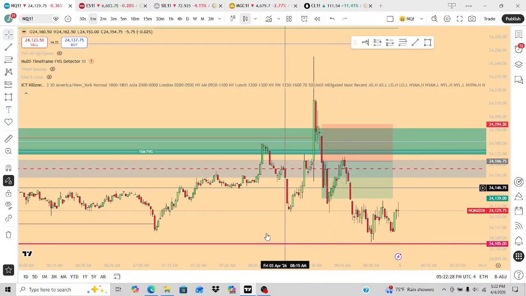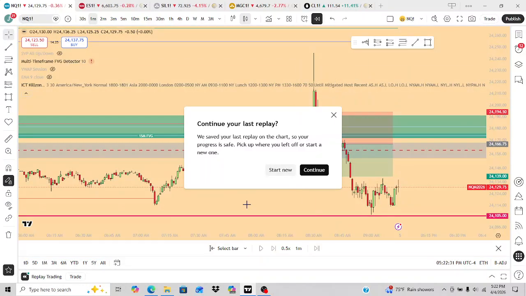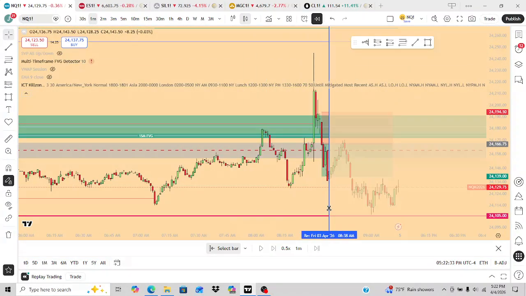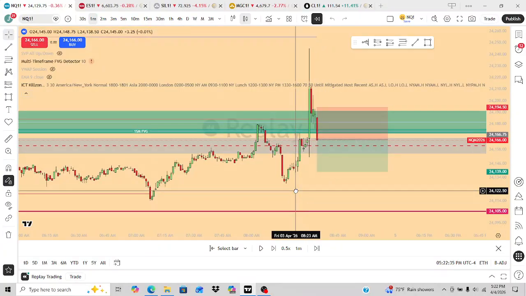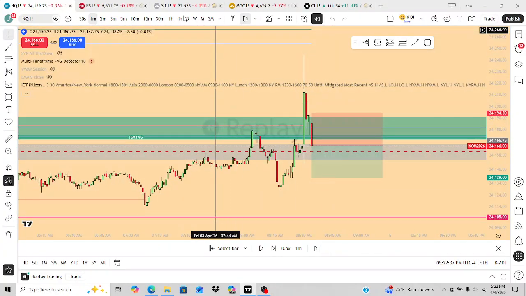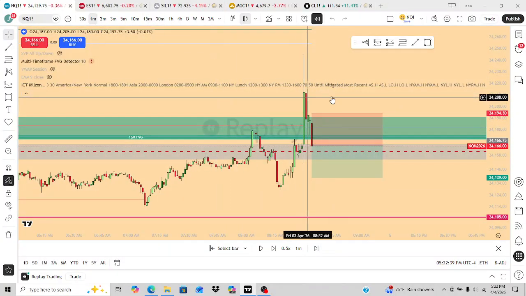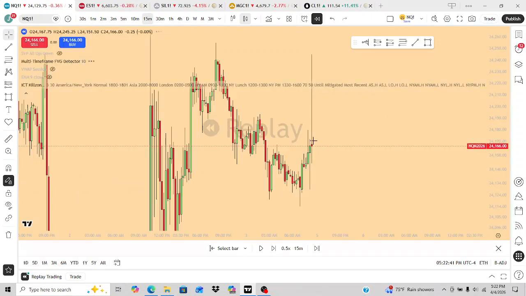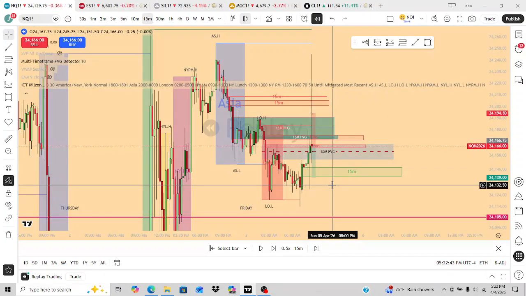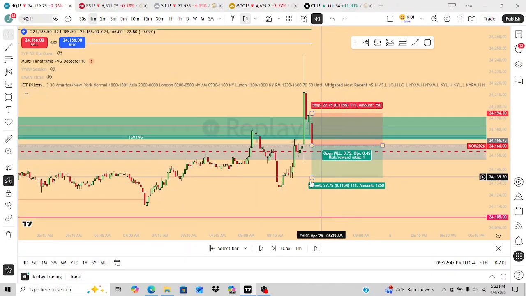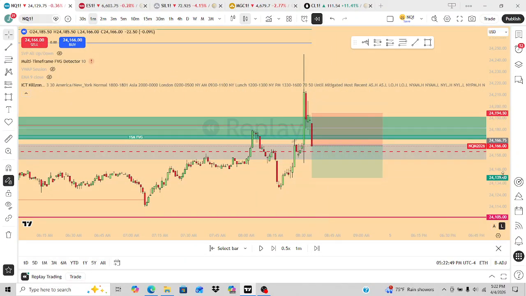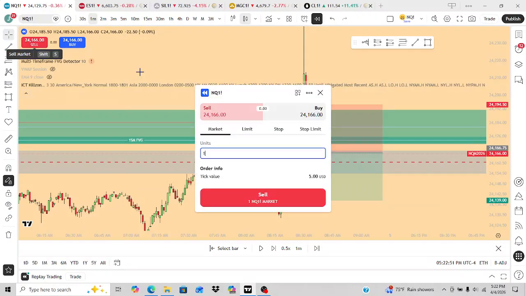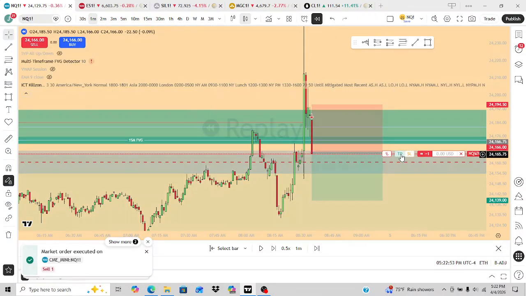So, I would have entered off of this inverse, seeing that price wasn't gonna go any higher than what it just went, and all these fair value gaps are still gonna hold. So, just targeting at least a 1-to-1. And this is all I would have needed to pass my account.